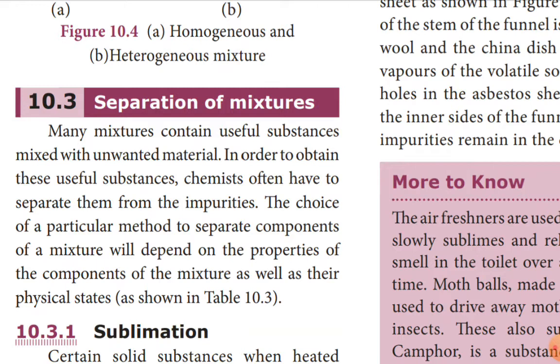In the separation of mixtures, you first have to understand what a mixture is. A mixture is nothing but something that contains two or more substances. Among these substances, some are useful and some are unwanted. So chemists often use a separation method to take out the impurity from the useful substance.